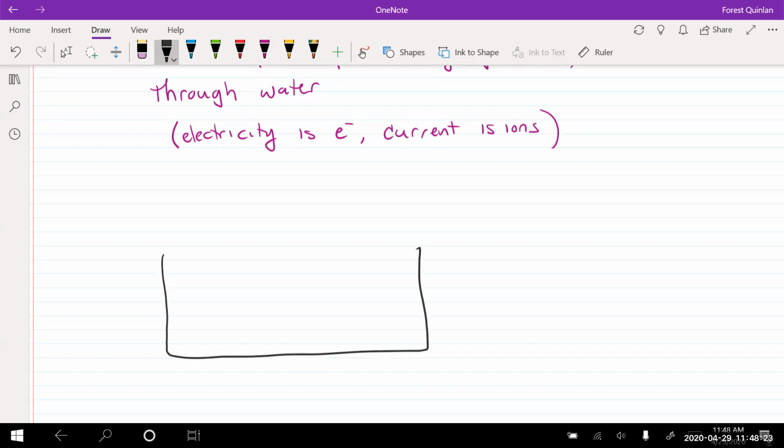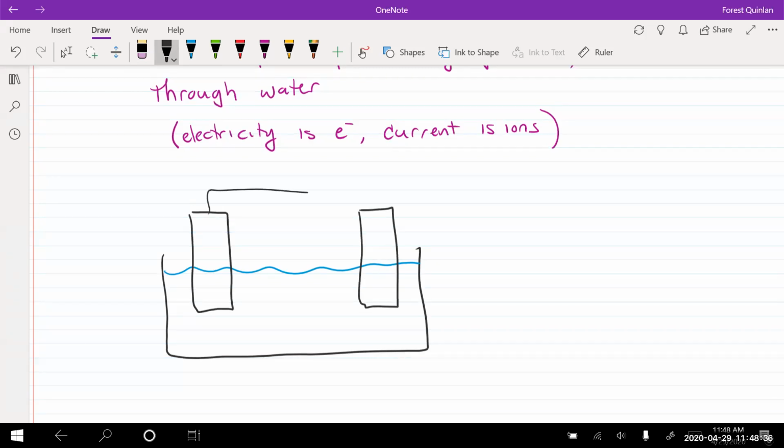If I had myself a nice little watery solution here, and on one part here, I put a couple of electrodes, and I'm going to connect them with a nice little voltmeter. Let's say that I had some sodium ions and some chloride ions floating around.